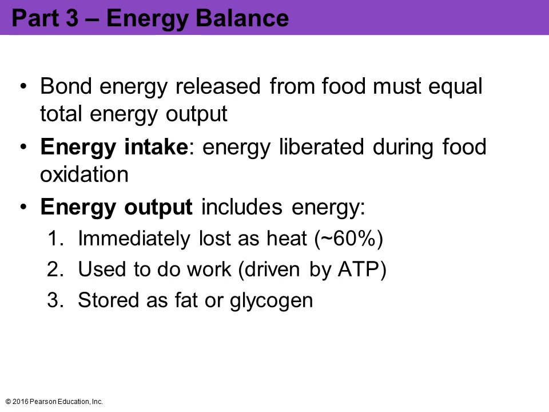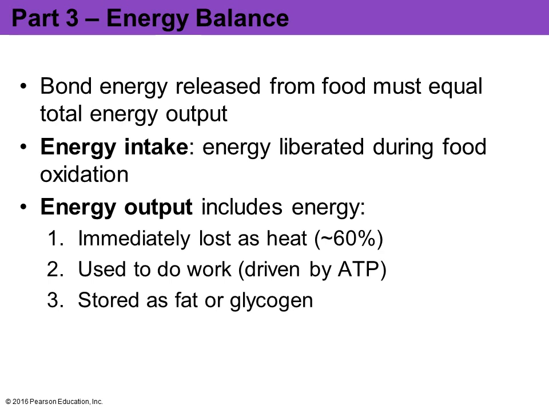In terms of energy balance, when you break a bond, remember you're releasing energy. When you're taking in nutrients and consuming that food, you're getting those large compounds that are bringing energy in. A lot of the energy is going to be lost as heat.